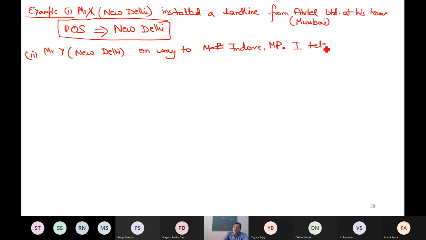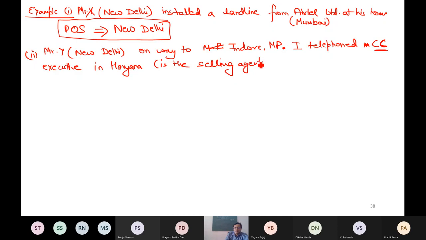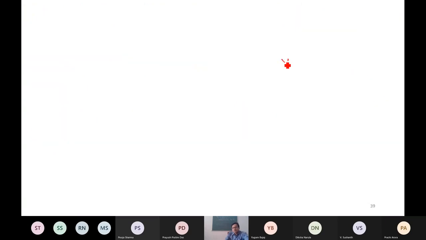I simply telephoned my friend or the customer care executive in Haryana, and this customer care executive is the authorized distributor for doing recharge, the selling agent of Vodafone Limited, for example.